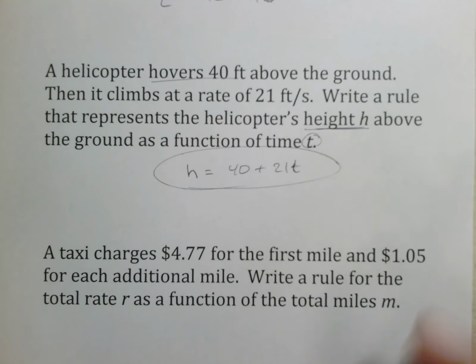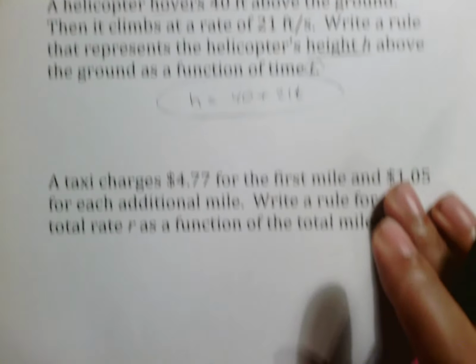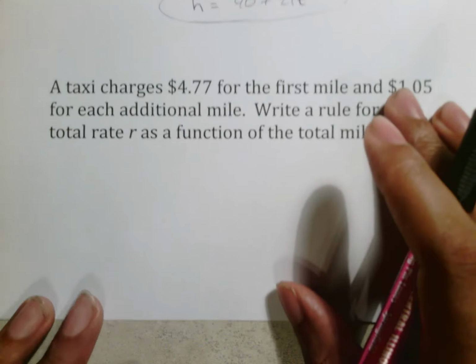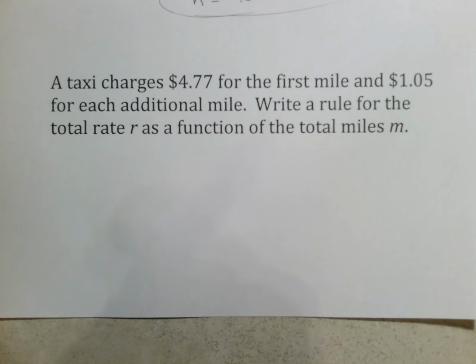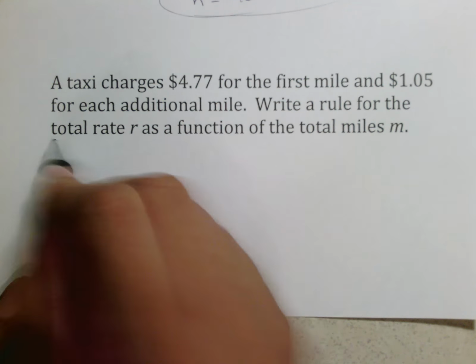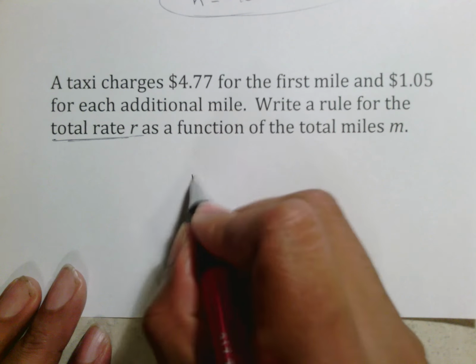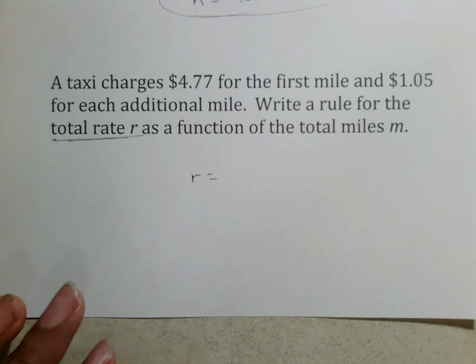Again, you have to just make sure you read it, recognize the variables, make sure you think through it. As much as it is a quick answer, it is an answer that you have to do some research for. A taxi charges $4.77 for the first mile and $1.05 for each additional mile. Write a rule for the total rate R as a function of total miles M. I think the rate, again, is usually the final total, so it'll be R equals.